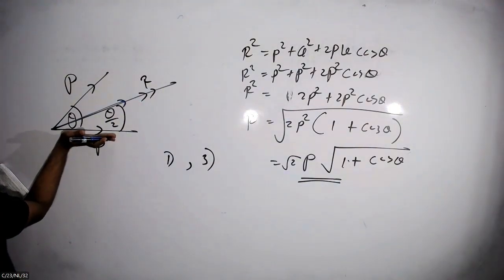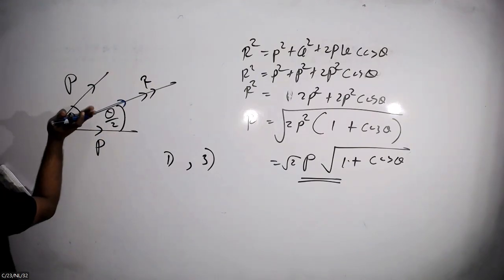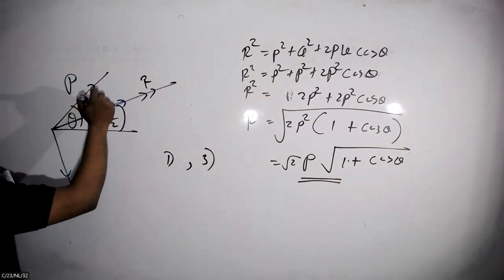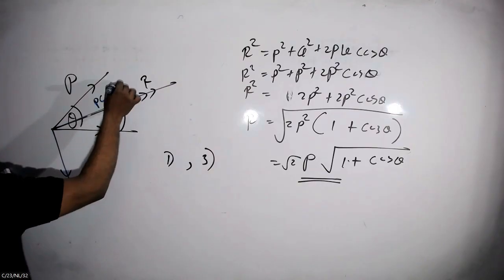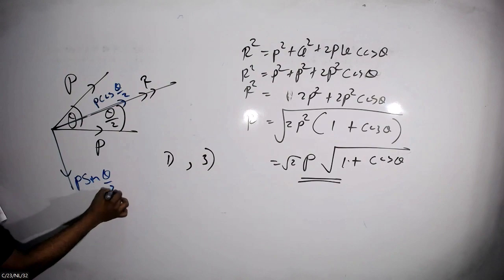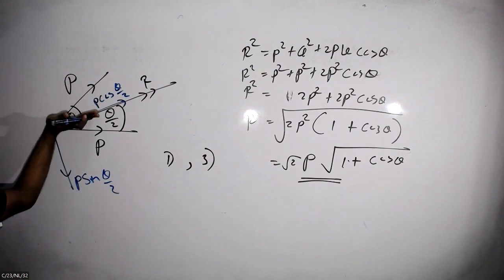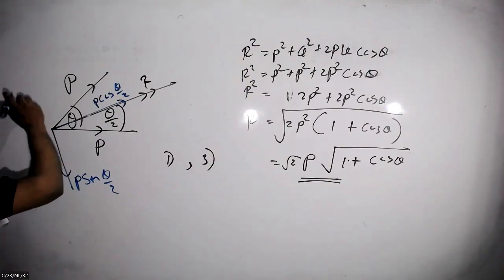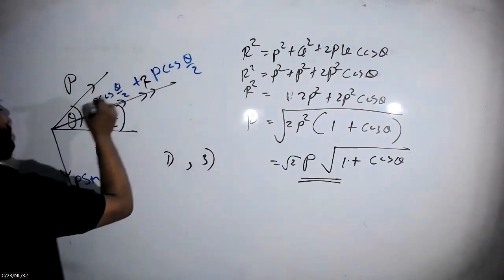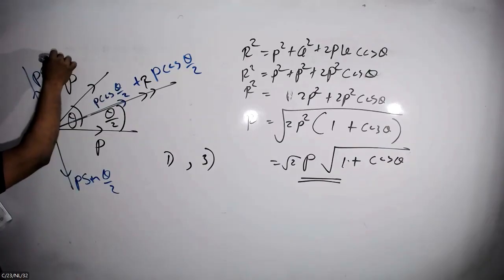Therefore, you can consider the component of this P vector parallel to the direction of the resultant and perpendicular to the direction of the resultant. Then this component is P cos theta over 2, and this one is P sin theta over 2. Again, you can consider the component of this P parallel and perpendicular to the resultant. The parallel component is again P cos theta over 2, and the perpendicular component is P sin theta over 2.